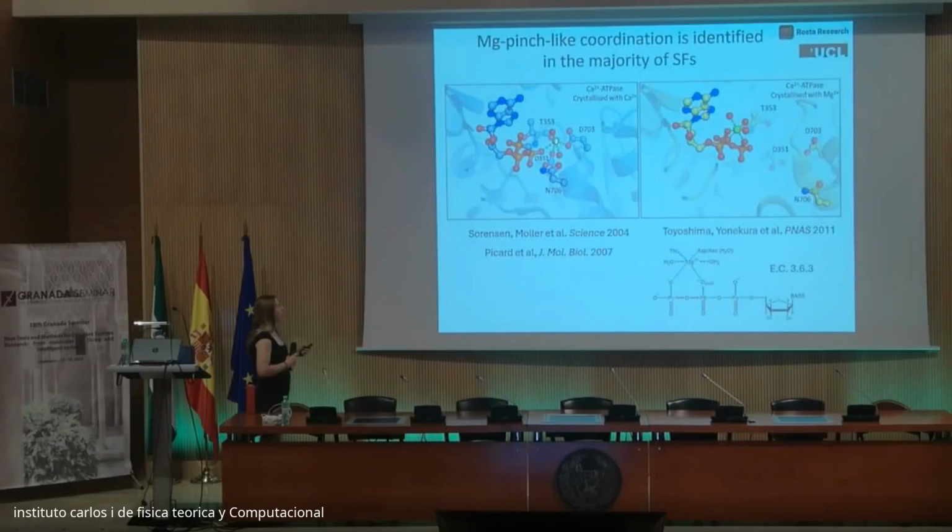But when we looked a little bit more at the structure, we noticed that this distance was not the typical magnesium oxygen distance, but a little bit longer. So we thought this must be a calcium ion, and then we looked more in the literature and found a paper from 2007, a couple of years later, which actually says that indeed the crystal structure, instead of having magnesium, had a calcium.